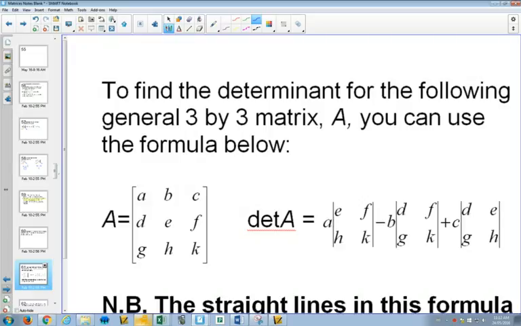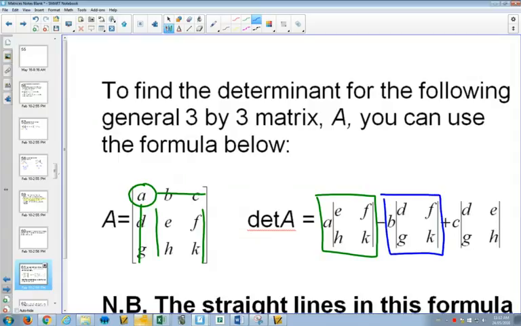Now, as far as seeing the formula a little bit easier, for this first one, which I'll put a green box around, you have A. If you ignore what's left in that row and that column, this is the determinant that you have in that box. Now, if I color code this one next, what you have is B. Whoops, that's yellow.